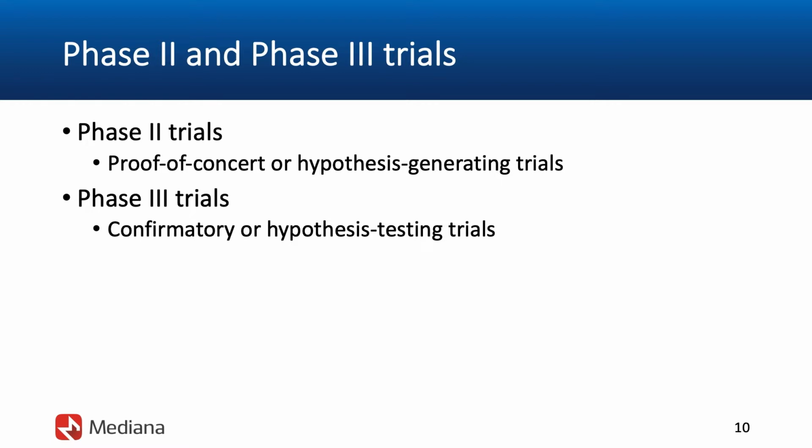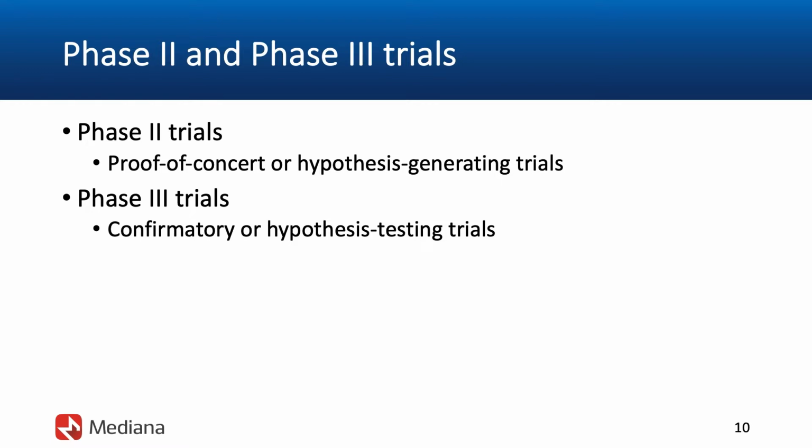In this training program, I keep referring to those as phase 2 and phase 3 trials, but honestly, this terminology is somewhat confusing, especially if we move beyond pharmaceutical drug development.